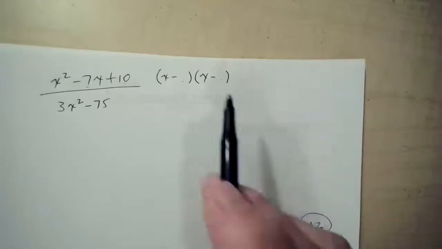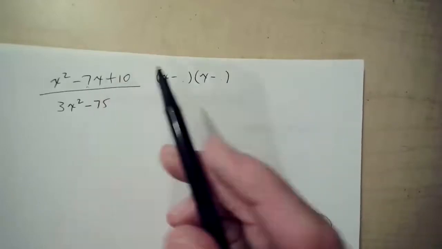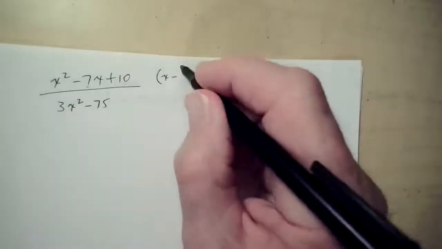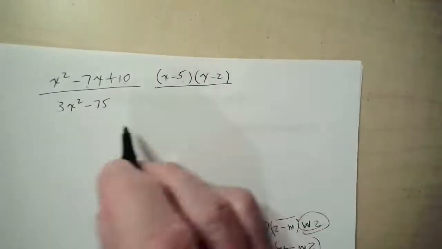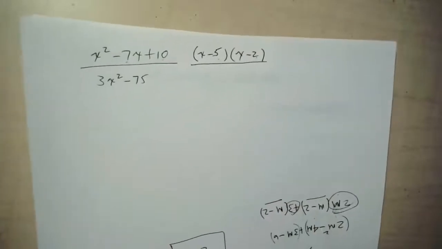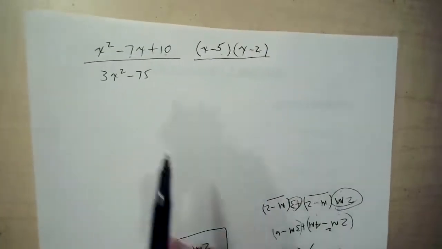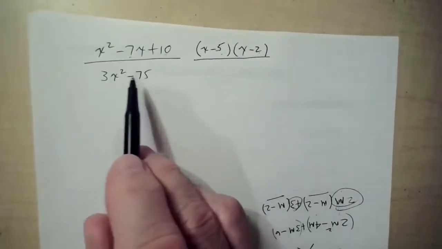Because the last thing we do in the distributive property is this one times this one, a negative times a negative is a positive. So what are the factors of 10 that add up to 7? Was it 5 and 2? I think that's right, 5 and 2.